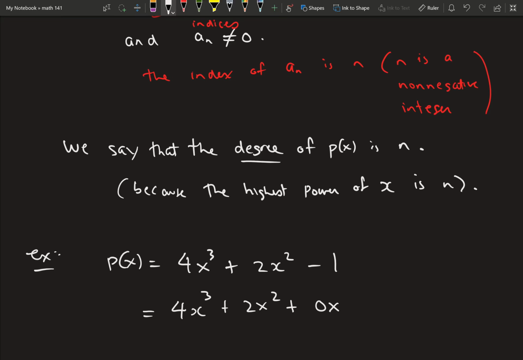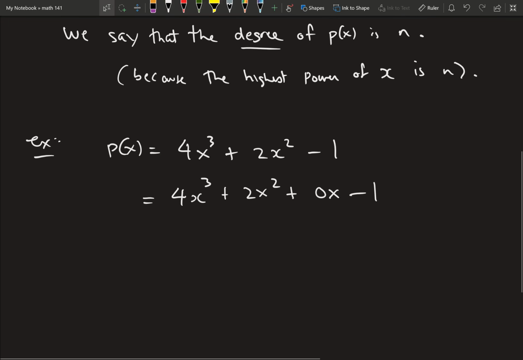Notice there's no x term, so I can write in 0x and then minus 1. So here, a sub 0 would correspond to this constant term right here, negative 1. Let me do this with a different color so we can distinguish a little bit. So a sub 0 is negative 1. A sub 1 is 0. A sub 2 is 2. A sub 3 is 4.